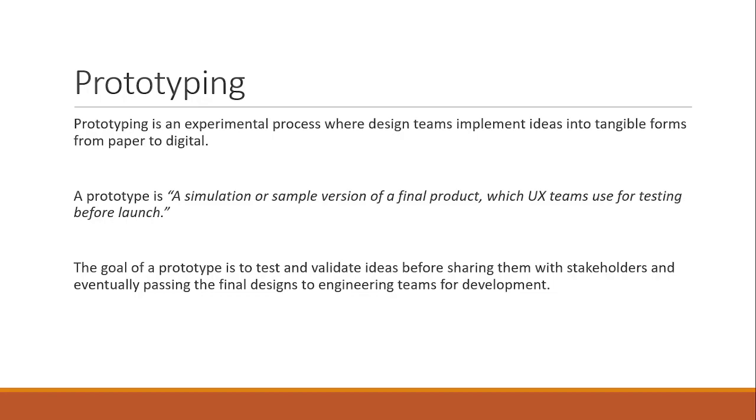So when we say experimental process, meaning the designer starts to create your interface, right? The screens of your application. Meaning tangible forms, most likely these types of prototypes are going to be interactable. So you can view and interact with it. It's like the end product.